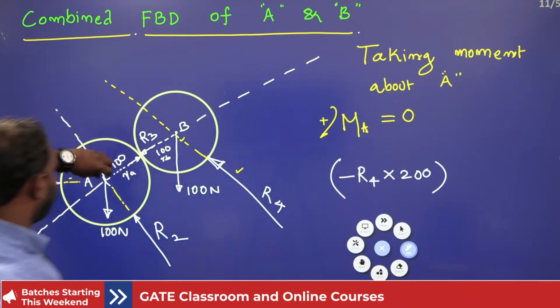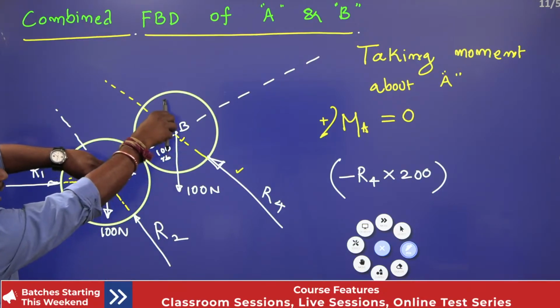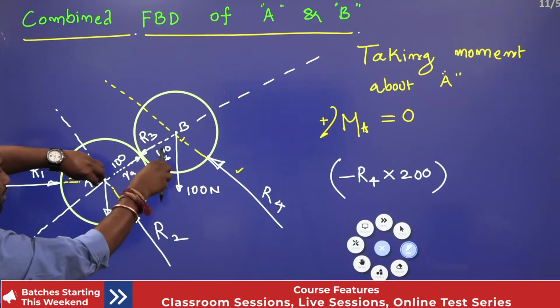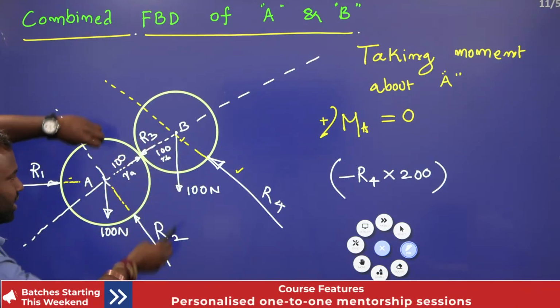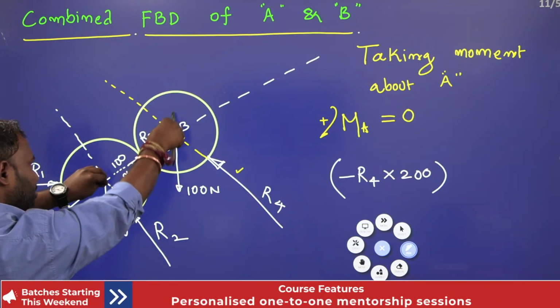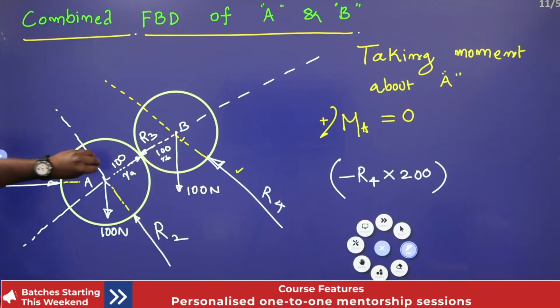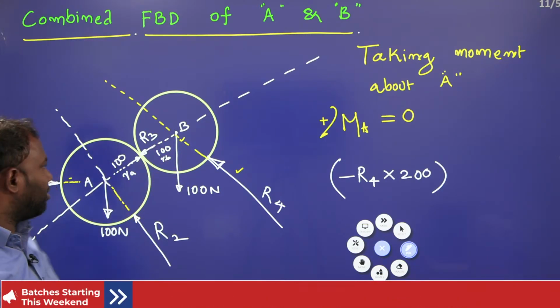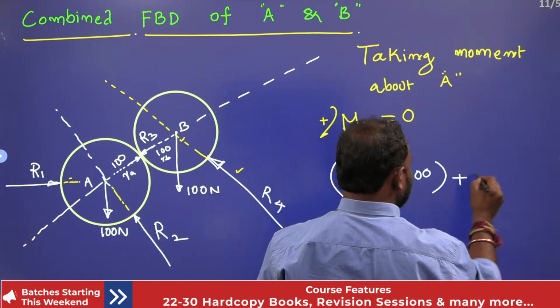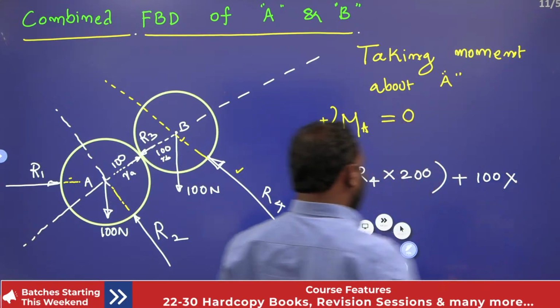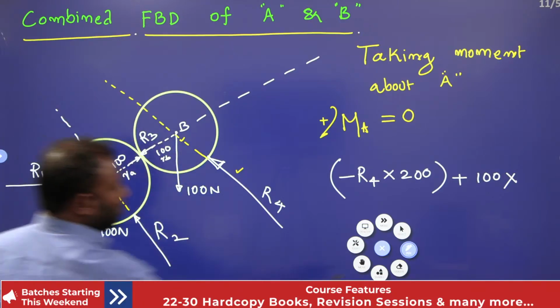Next, if I fix this point and apply force over here, then what happens? This 100 newtons tries to rotate the body clockwise. So if I fix point A and apply load over here, it tries to rotate the body in the clockwise direction. Now 100 newtons into perpendicular distance. Where is my perpendicular?